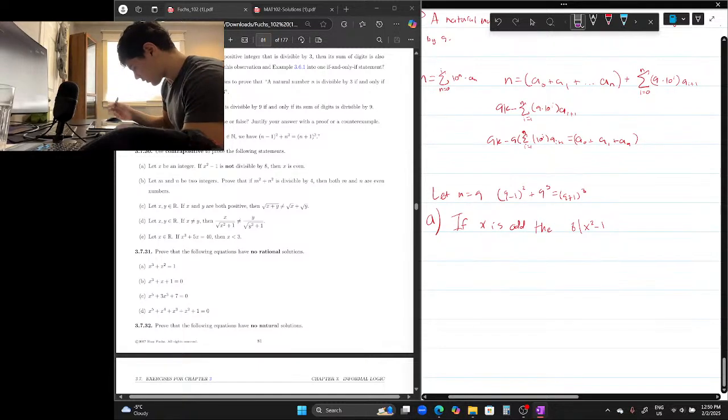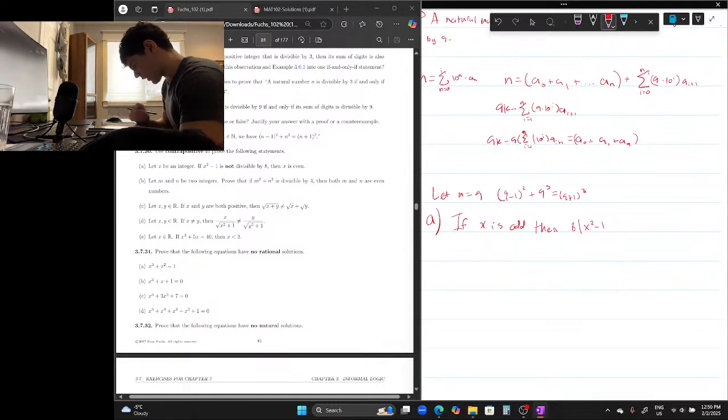I'm going to try to do this by myself. Okay. If x is odd, then 8 divides x squared minus 1. So, we have x is odd, so then x is equal to 2k plus 1. x squared is equal to 4k squared plus 4k plus 1, minus 1.